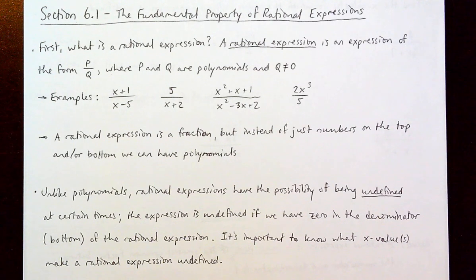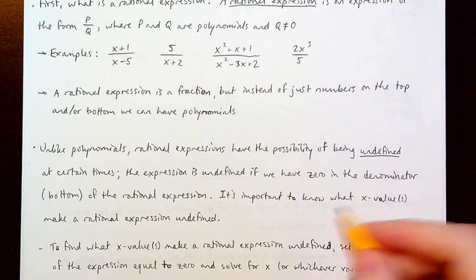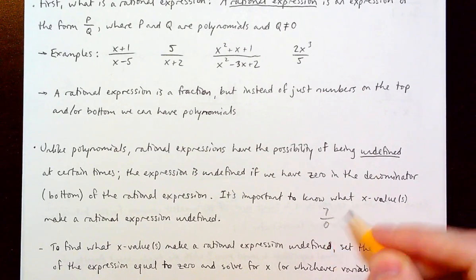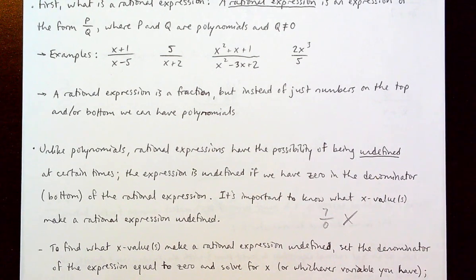Because we cannot take any number whatsoever on top, like say 7, and divide it by 0. That's not good. Can't have that. Don't know how to work with that.